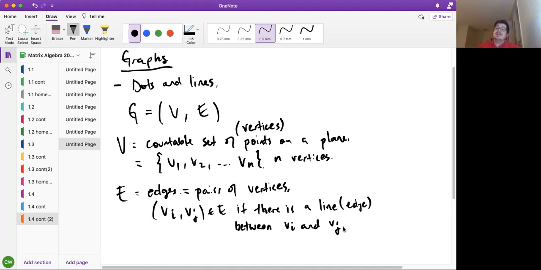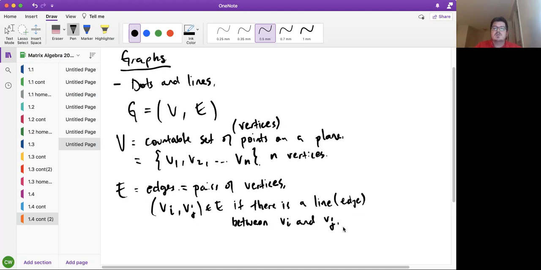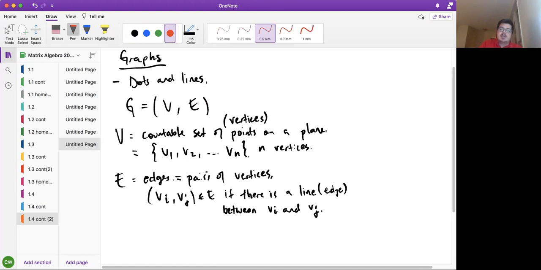That's how we're going to define an edge. So notice that edges need to be in pairs. You can't have an edge with just one vertex. It has a beginning and an end. But there's nothing that says that there need to be any edges at all.